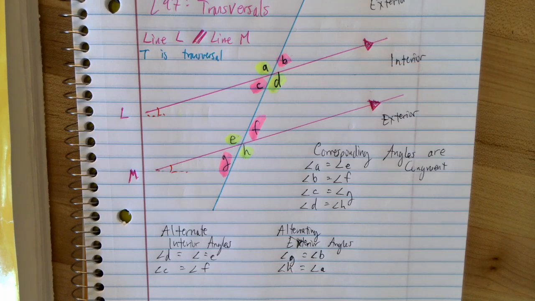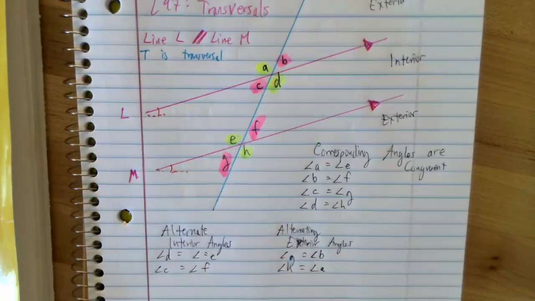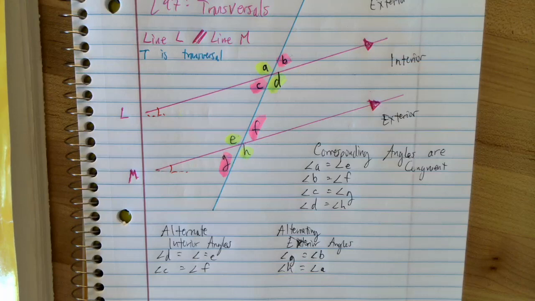So A and H are on alternate sides of the transversal, but they're both exterior. So they're always congruent when these lines are parallel. This might seem like a lot, but that's actually the entire lesson for 97.